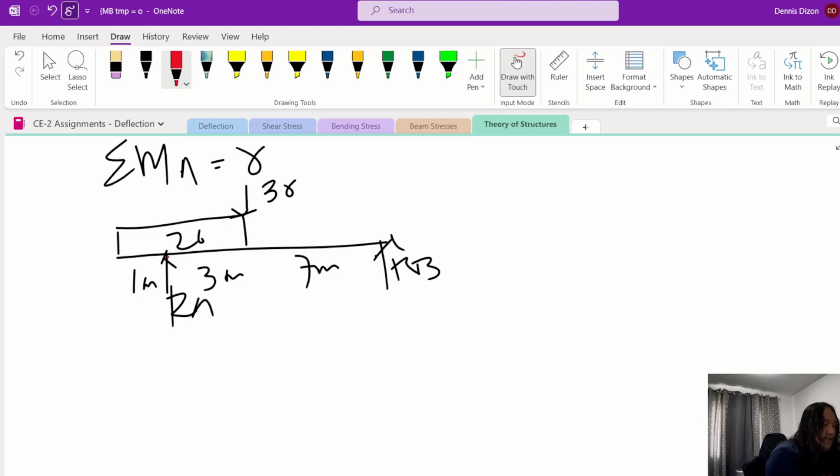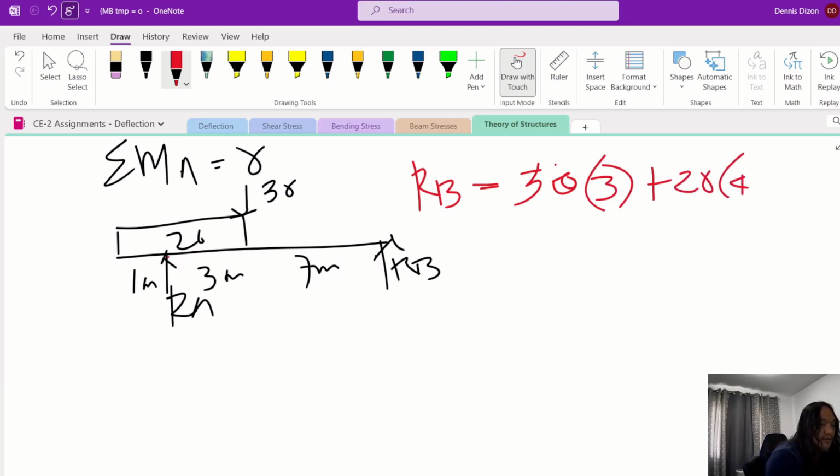So therefore, RB going clockwise direction is equal to 30 times 3, and then plus 20 times 4. Now, this time, our moment arm, the resultant for this one, is right here at the middle, which is 2 meters from the free end, and then from the point A, that is only 1 meter.